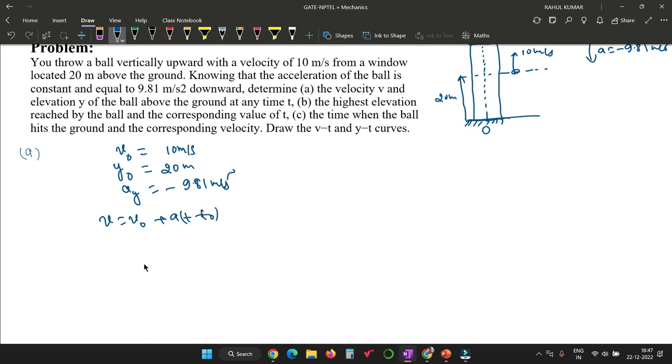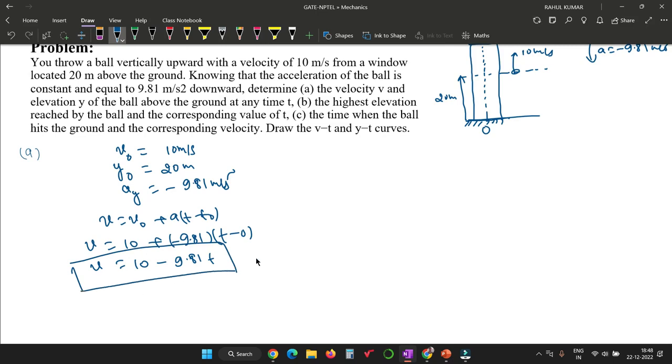Since initially you have thrown the ball from this point, t naught is 0. So v equals v naught, which is 10, plus minus 9.81 times t minus 0. So this is the velocity at a certain time t.